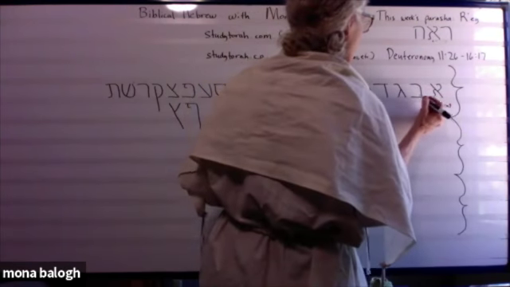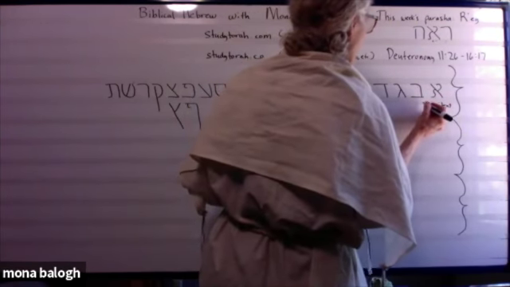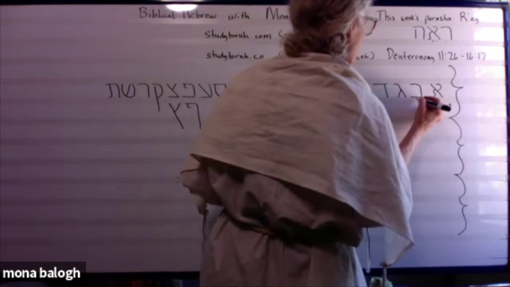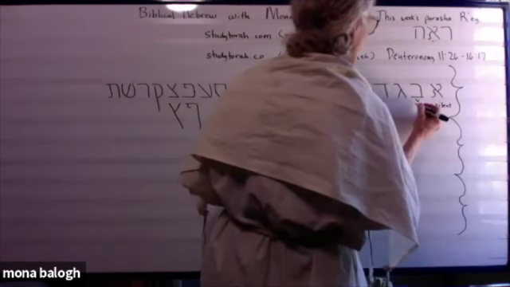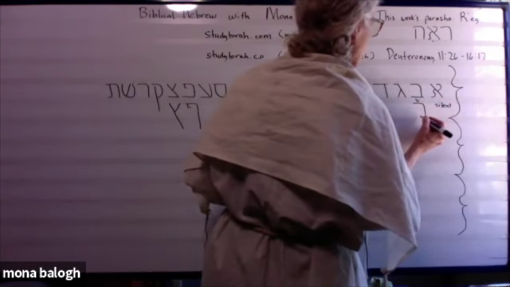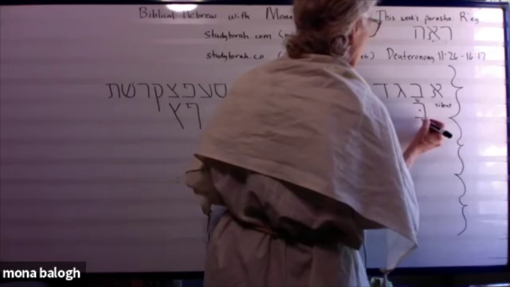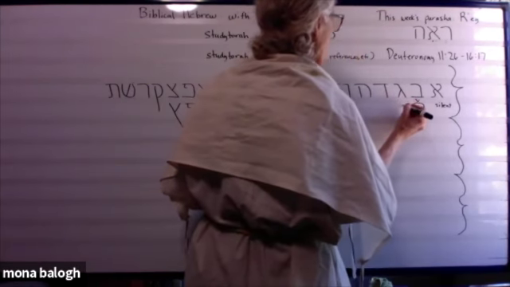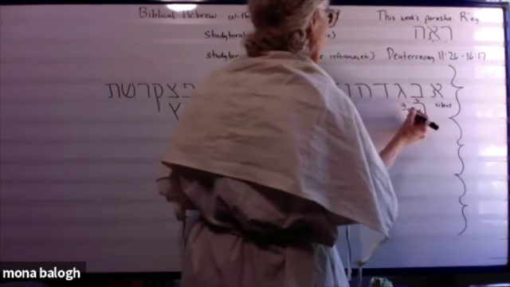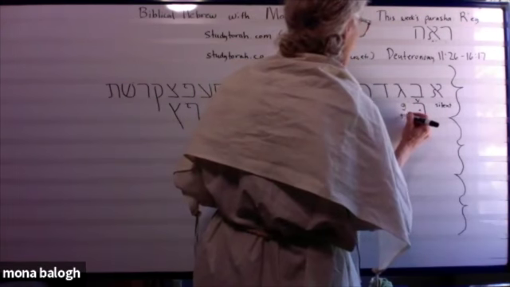Beit comes in 2 versions. Without a dagesh, this is actually the V sound, Veit, and then the B sound, Beit, has a dagesh. Gimel is G, as in gorilla.